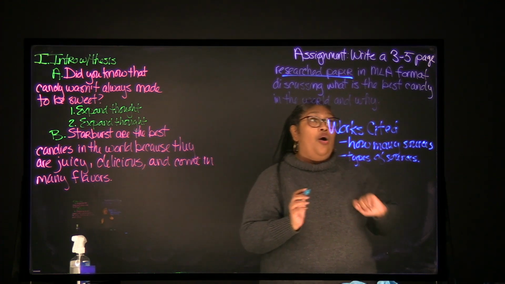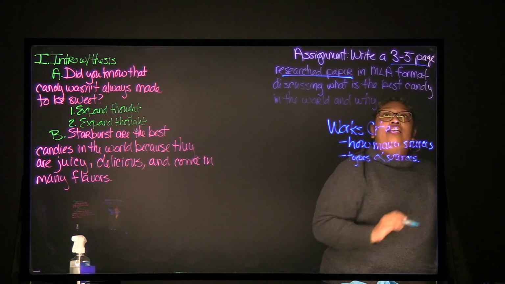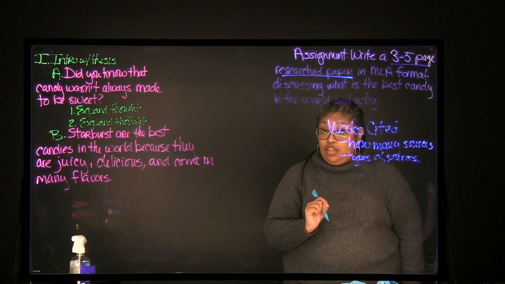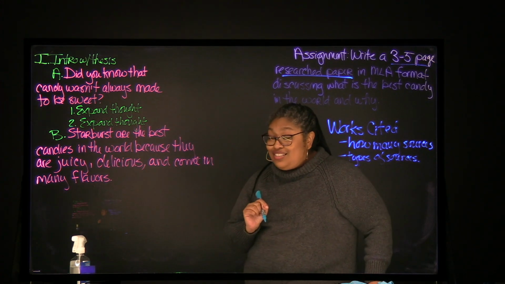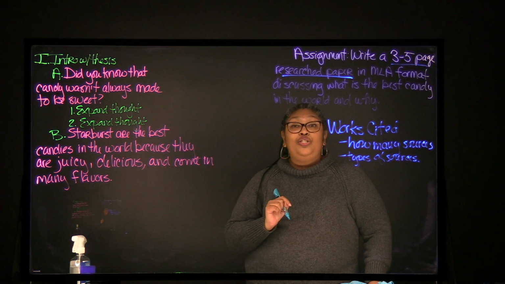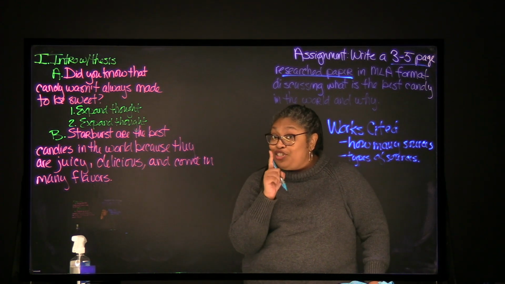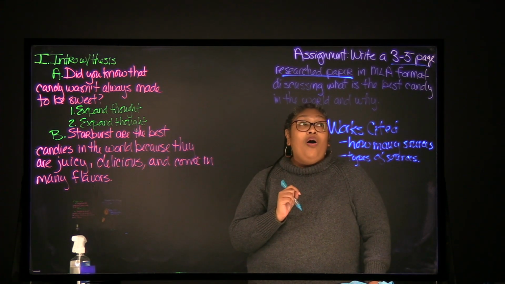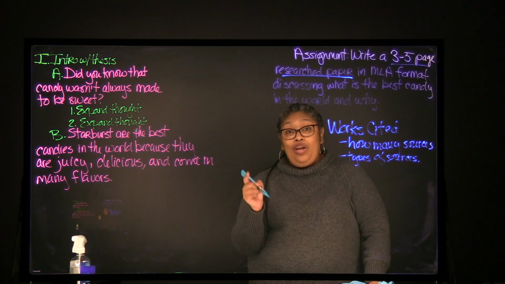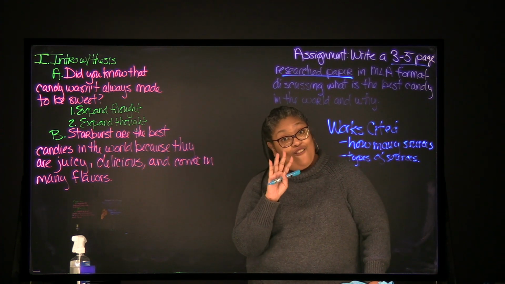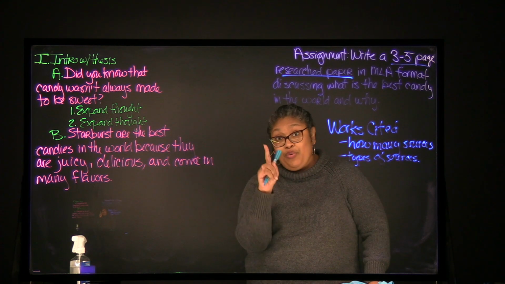You also want to know about this. It says 3 to 5 page research paper, and you know you're going to have a works cited page. So does that mean, ladies and gentlemen, that it's two pages plus the works cited because it goes on a separate sheet? Or does it mean that it's 3 pages plus the works cited page, which means there's 4 pages? Let me repeat that again.